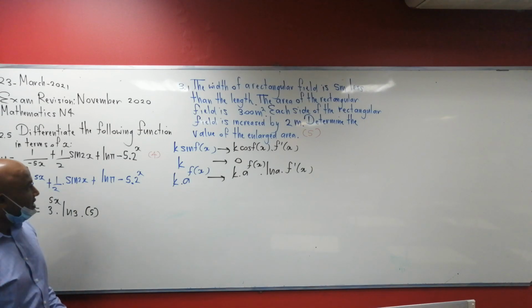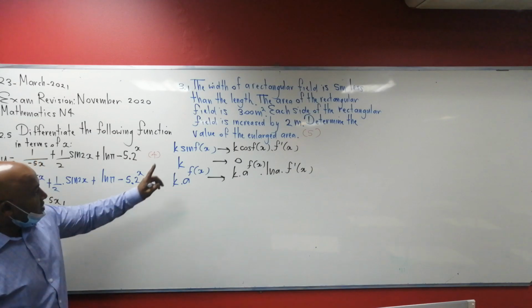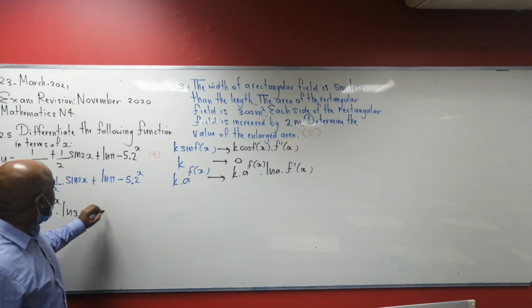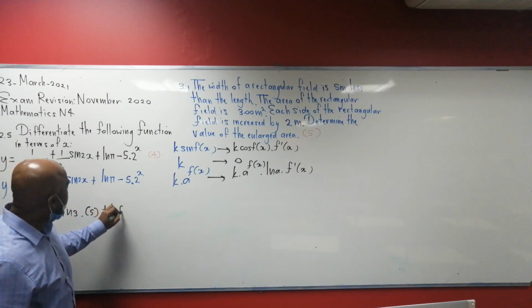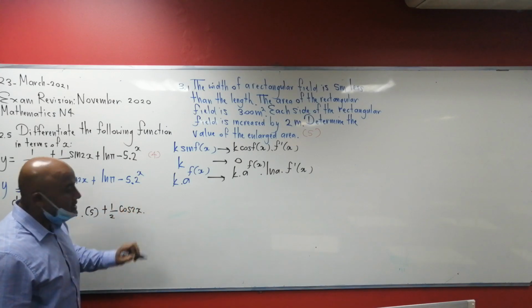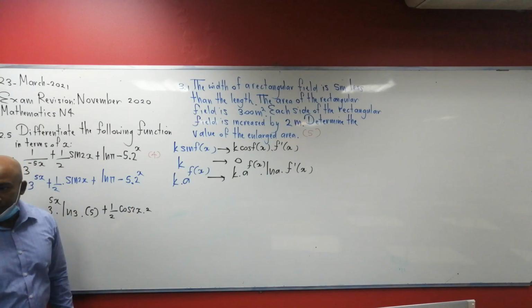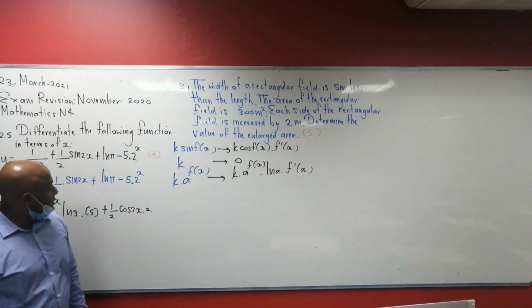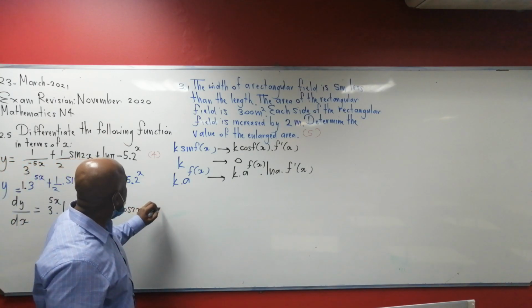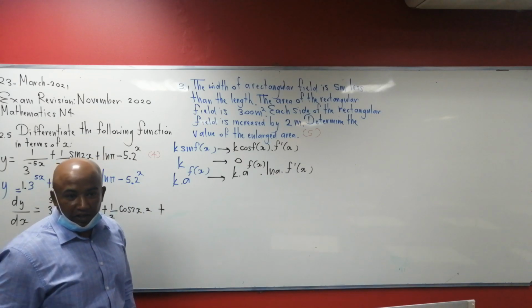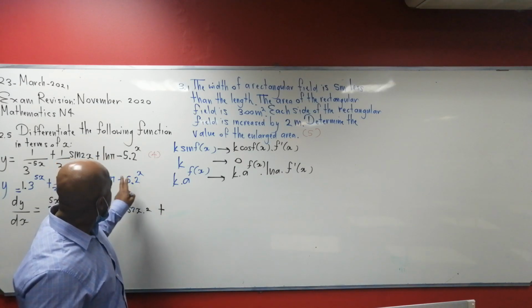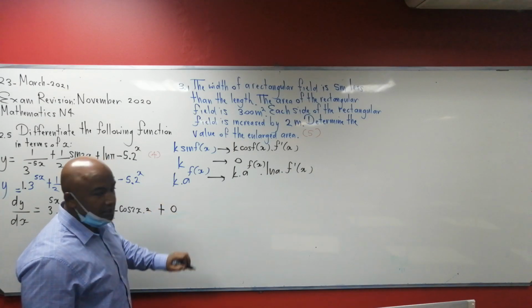Now the next one, the derivative of half sine 2x. That's your k sine f of x. The derivative there will be half cos 2x times the derivative of 2x, which is 2. And then term 3, ln of pi, you can do that on a calculator. It is a number, and the derivative of a number alone is 0.